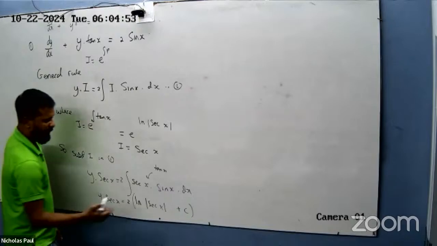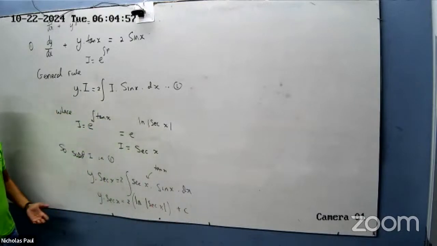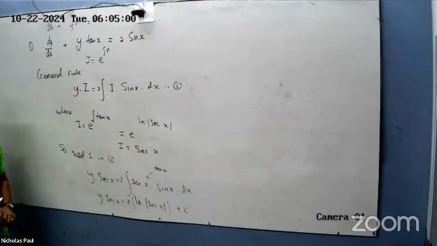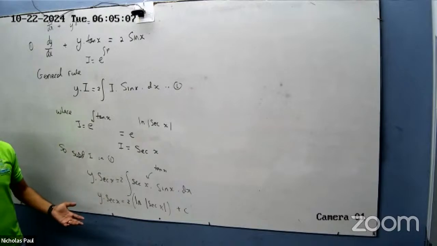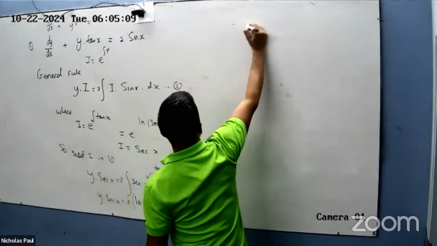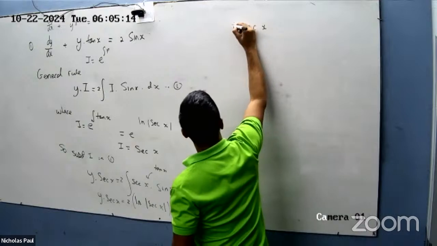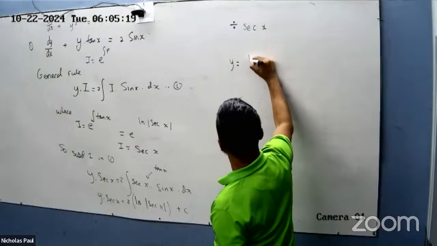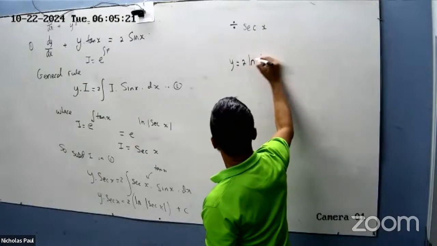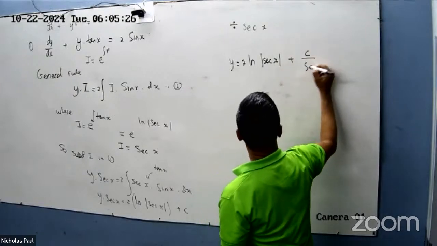Then you want to make it look a little bit nicer. We can divide everything by sec x, and you'll get y is equal to 2 ln sec x plus c, sorry.